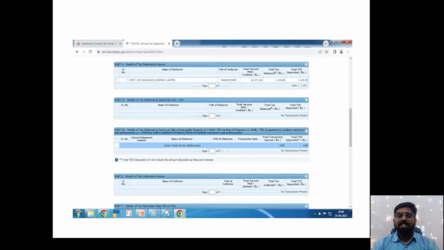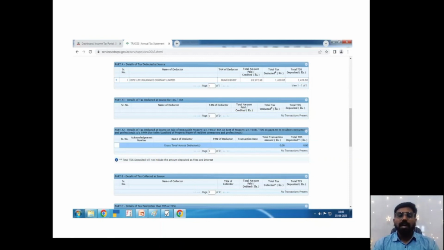Why will an assessee give Form 15G or 15H? An assessee whose income is less than the taxable limit of 2.5 lakh or 3 lakhs as the case may be can give a declaration in Form 15G or 15H saying that my income is less than the taxable limit and so don't deduct tax at source.